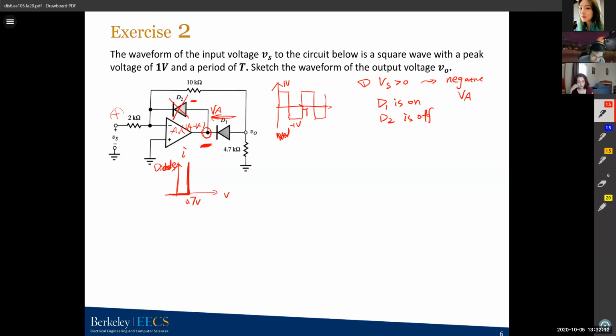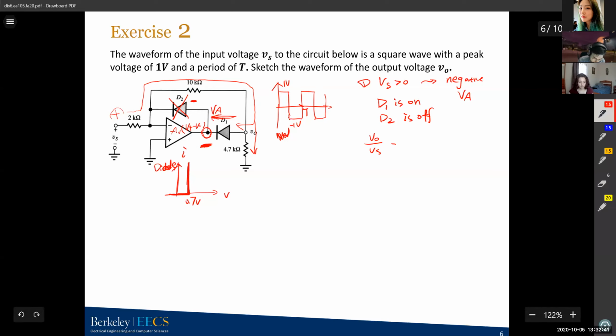So the circuit will just be: you have a Vs here, a current flowing through 10K ohms and then to the output and also to the ground. This is how the current flows, which is just the inverting configuration you have seen in all the lectures. So what's the gain of this circuit?